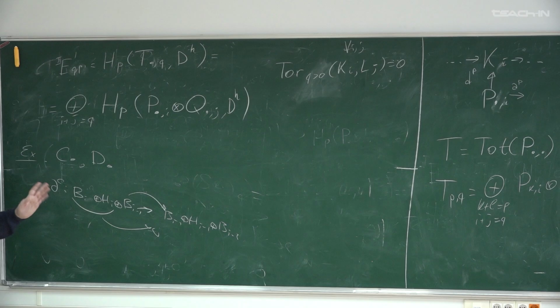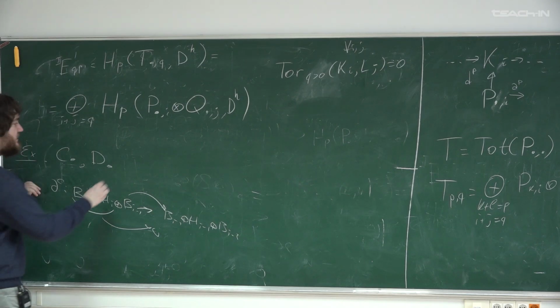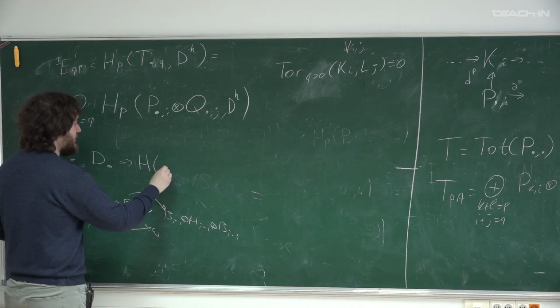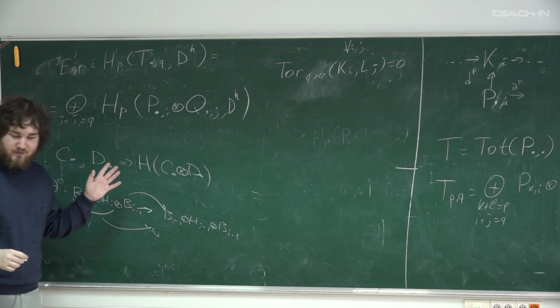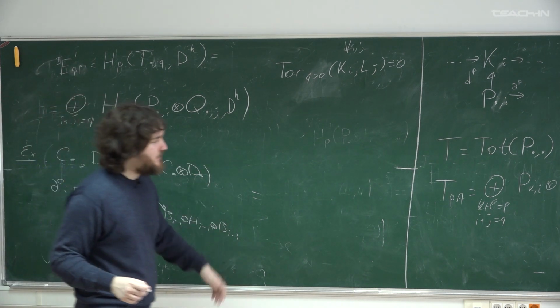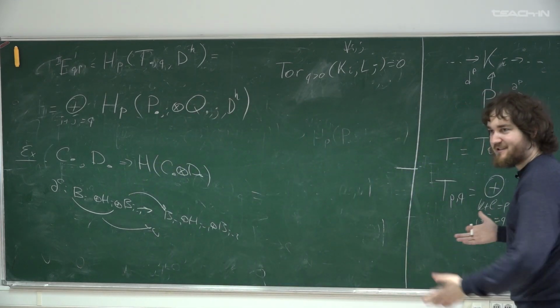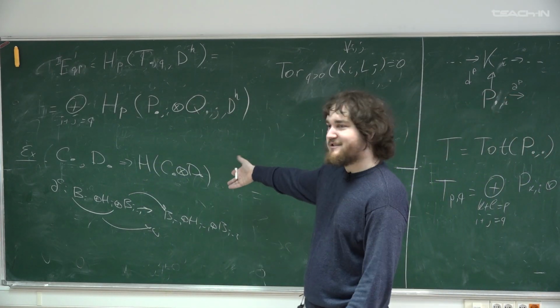I call such chain complexes splitting chain complexes, and if you have two splitting chain complexes which are bounded below, then in fact the homology of their tensor product, it's a very particular case of the Künneth spectral sequence, but we need this particular case, and you can check this directly.